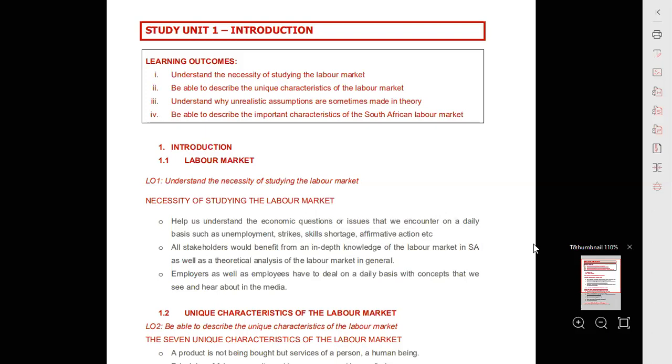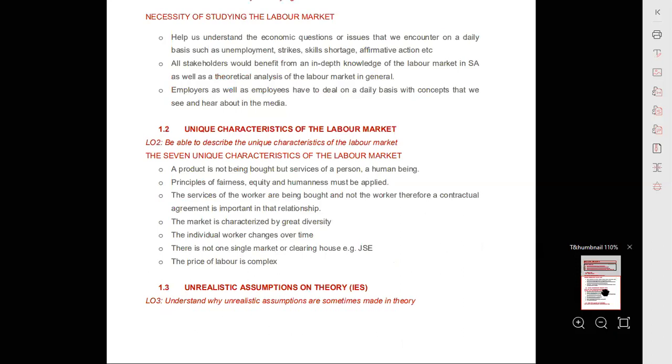What are the unique characteristics of the labor market? Why does it differ from the goods market, where we go and buy any good or service that you might think of? Because in the labor market, a product is not being sold, but the services of a person.